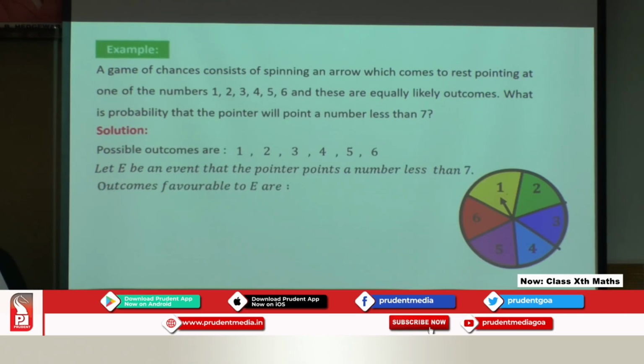The outcomes favorable to E are 1, 2, 3, 4, 5, 6. And we can see that all these numbers are less than 7.